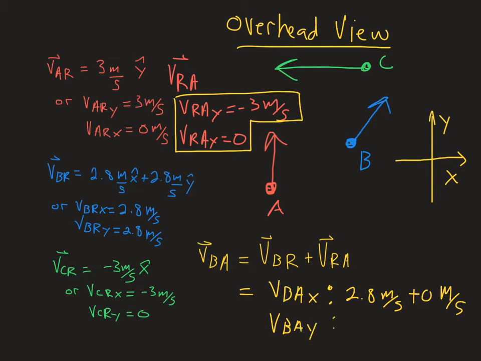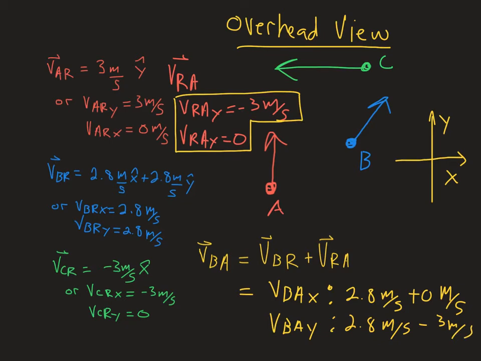component is going to be the two y components added together. And so this is going to be minus, we'll start with the BR. The BR is going to be the y component here is 2.8 again. So that's 2.8 meters per second. Ooh, minus 3 meters per second.